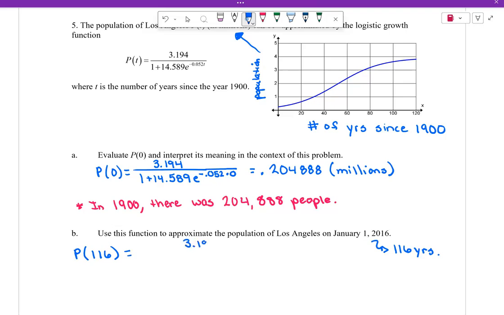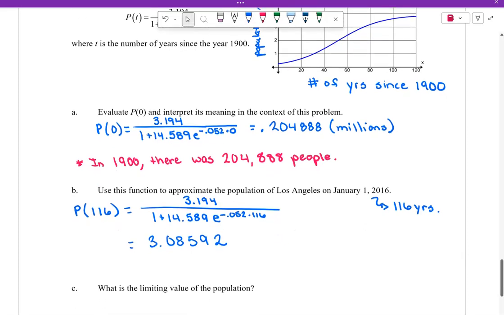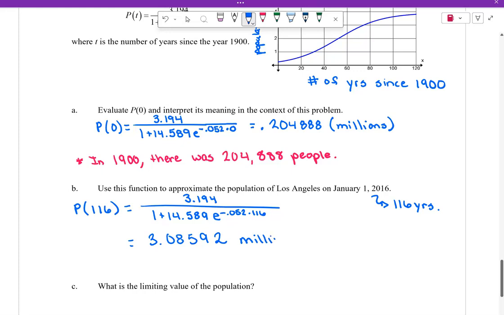So 3.194 divided by 1 plus 14.589 e negative 0.052 times 116. I got 3.08592. Of course this would be millions, and this was for LA population.